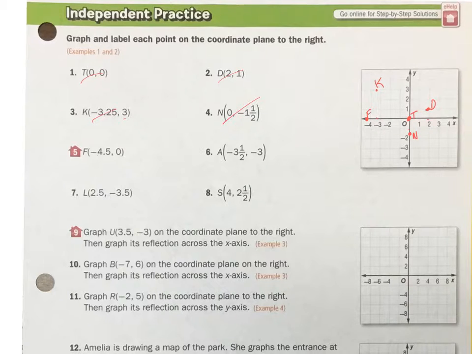So that's F. A is negative 3.5, negative 3.5, and negative 3 right here. That's A. And L is 2.5 positive, so there's 2.5 positive, negative 3.5. Negative 3.5 is right here.